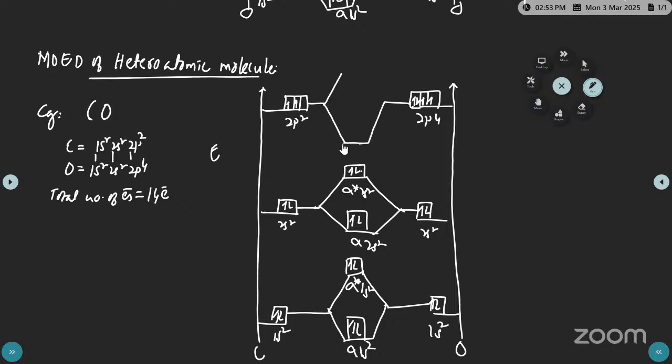These atomic orbitals linearly combine and form 3 bonding molecular orbitals and 3 antibonding molecular orbitals.